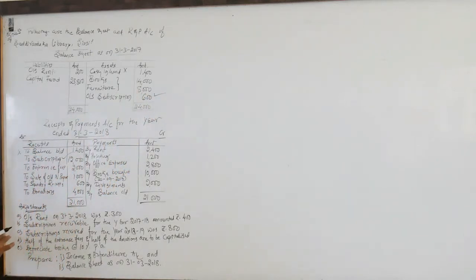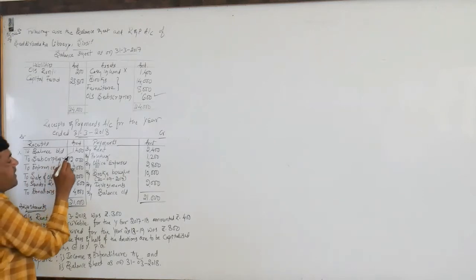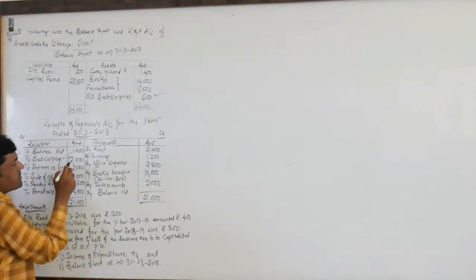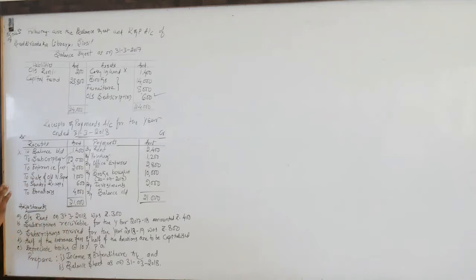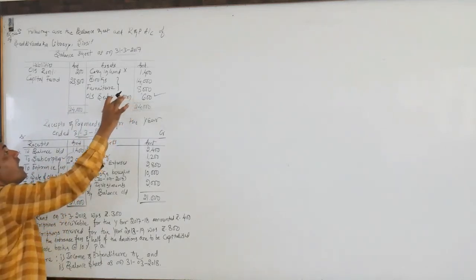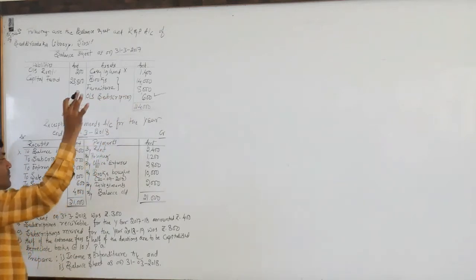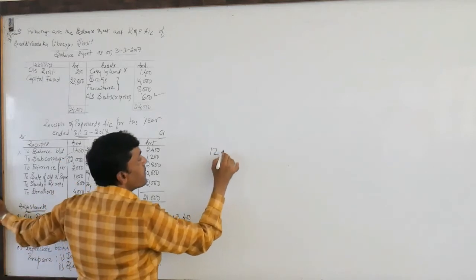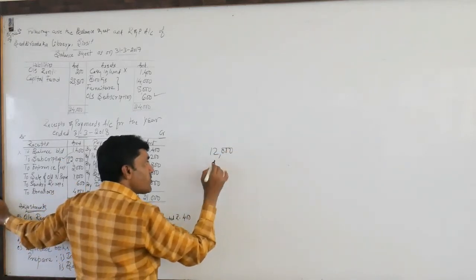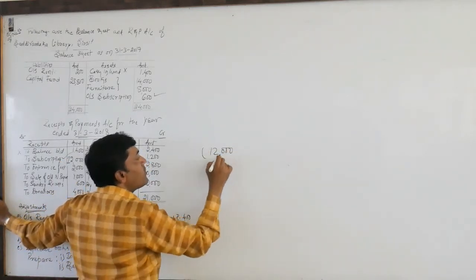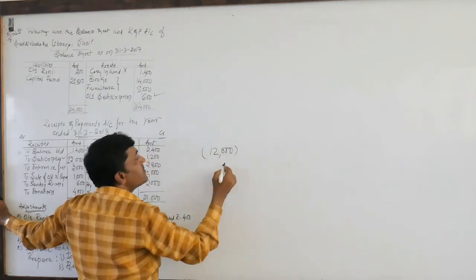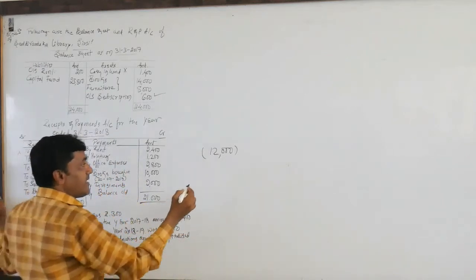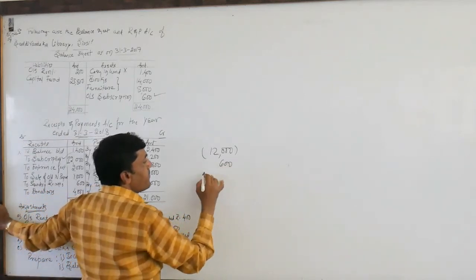My intention is that in the current year we have received 12,000 subscription as income for the current year, but out of which 600 is a receivable for the previous year. That is the reason we need to deduct it. The entire amount does not belong to the current year. So the receivable outstanding subscription for last year is 600.